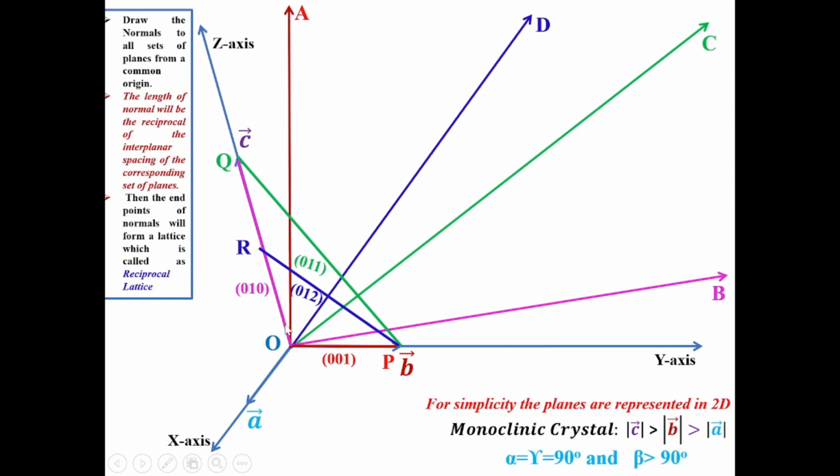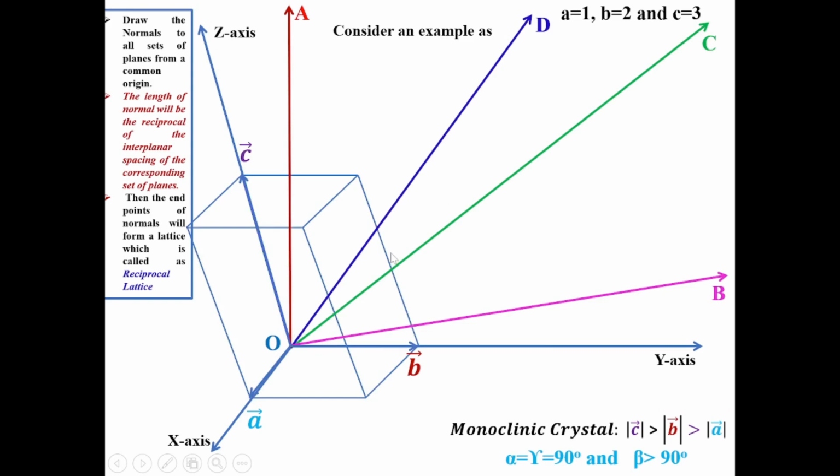So to mark the reciprocal lattice points on these normals, we consider here one example.